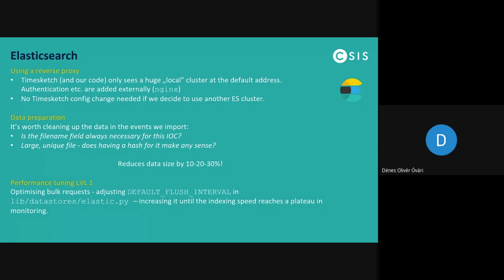What we suggest is increasing this default value while watching the indexing speed on the dashboard of the Elasticsearch provider. When it reaches a constant value, that's the optimal speed, and that gives the optimal performance. It always depends on the setup and the actual provider. So I don't think there is a better default value than 1000, but it's definitely worth having a look at.